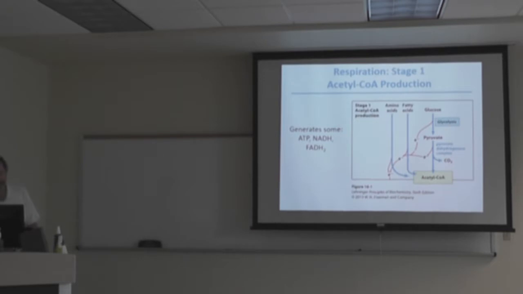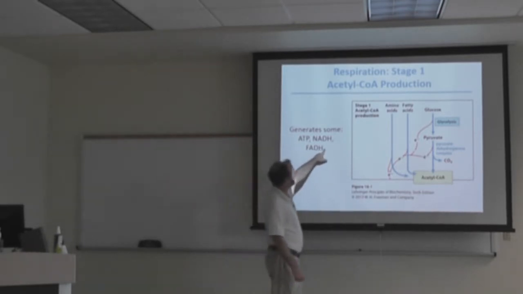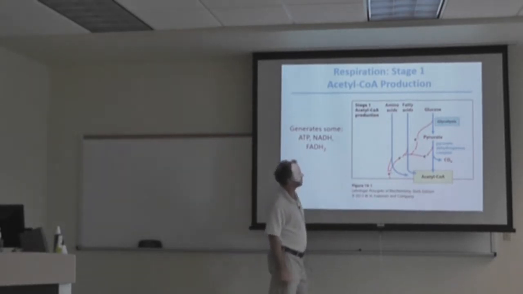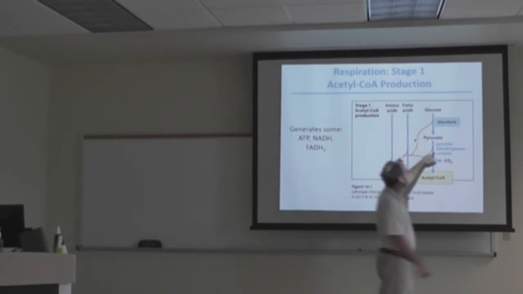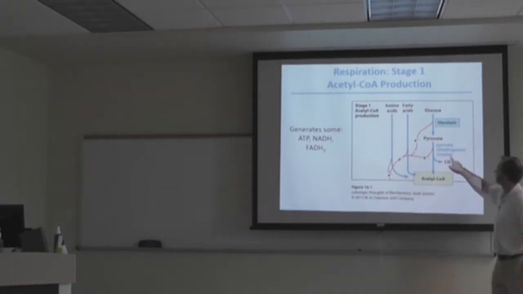So stage 1 is acetyl-CoA production. We generate some ATP, NADH, and FADH, right? So we take pyruvate, and with the pyruvate dehydrogenase complex, we lose carbon dioxide, and that produces acetyl-CoA, which is an activated form of acetate.